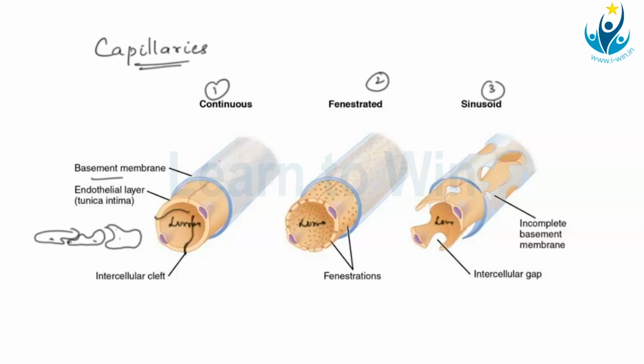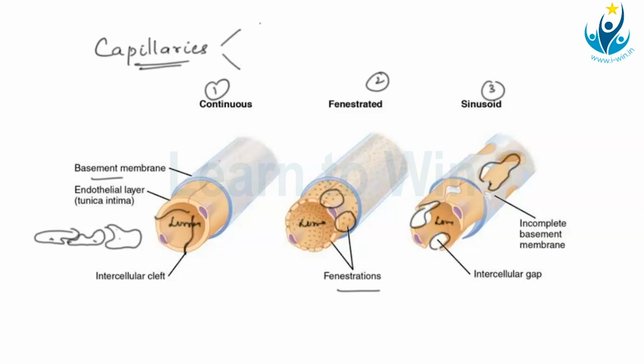Fenestrated capillaries have a lot of pores or fenestrations on the capillary endothelial cells. Sinusoid means the basement membrane is also incomplete and the cells have a lot of intercellular gaps, so there are big gaps in the basement membrane and big gaps in the intercellular spaces. So you have three types of capillaries, each at different locations.